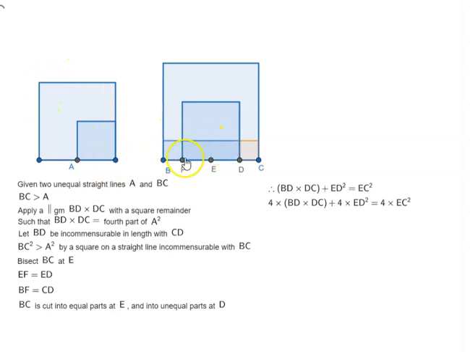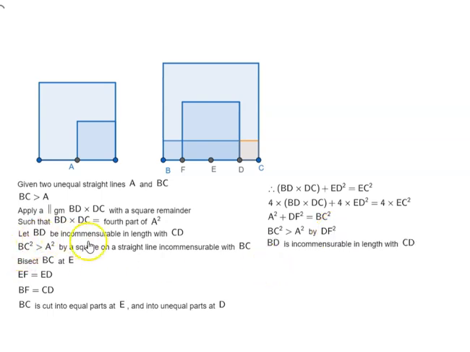So 4 times this is equal to A square, and ED square would be 1/4 of FD square. So 4 times ED square is FD square, and EC square is 1/4 of BC square. So 4 times EC square will be BC square. So this becomes A square plus DF square is equal to BC square. Or in other words, BC square is greater than A square by DF square.